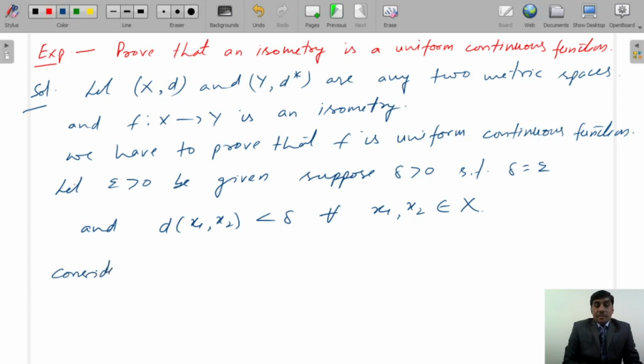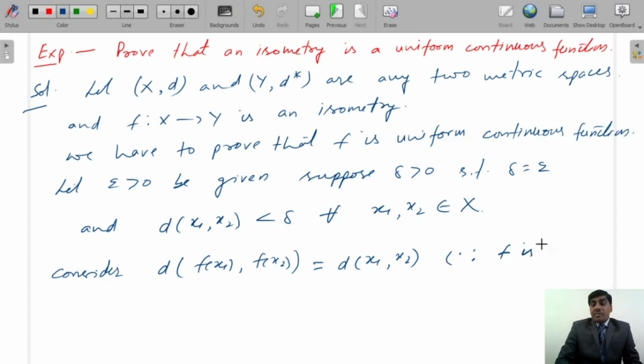Consider distance between f(x1) and f(x2), which is equal to distance between x1 and x2 because f is an isometry, which is less than delta is equal to epsilon.